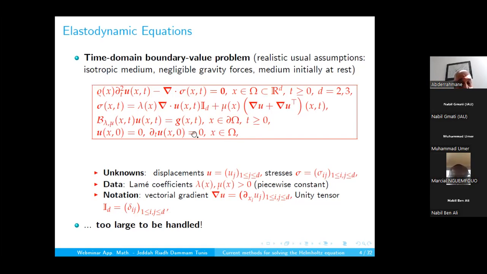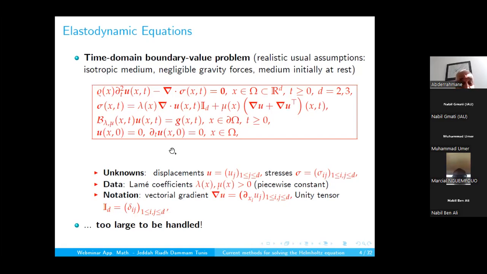And so from the transmitter, you get the boundary data, and from the boundary data you compute the synthetic seismogram by solving this problem.